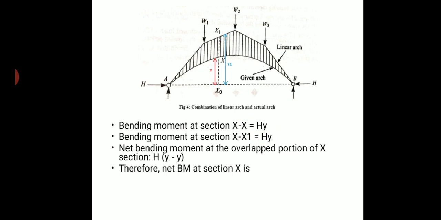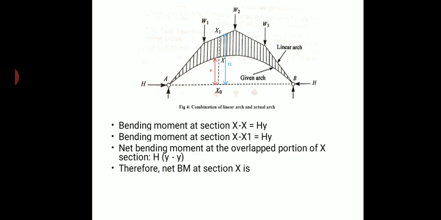I repeat, in order to find out the net bending moment effect at the overlapped area, I need to deduct the bending moment of the actual arch from that of the theoretical arch. Therefore the net bending moment would be equal to H(y1 minus y).